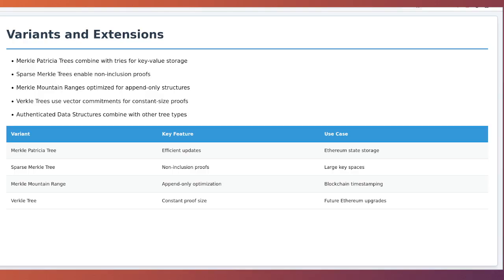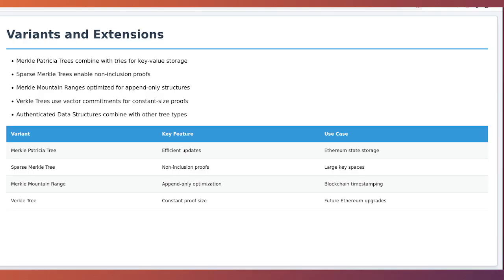They consist of multiple perfect binary trees of decreasing sizes, making them efficient for blockchains where new blocks are constantly added. Merkle trees are a newer variant that uses vector commitments instead of hash functions. They can provide much smaller proof sizes than traditional Merkle trees, potentially constant size regardless of tree depth.